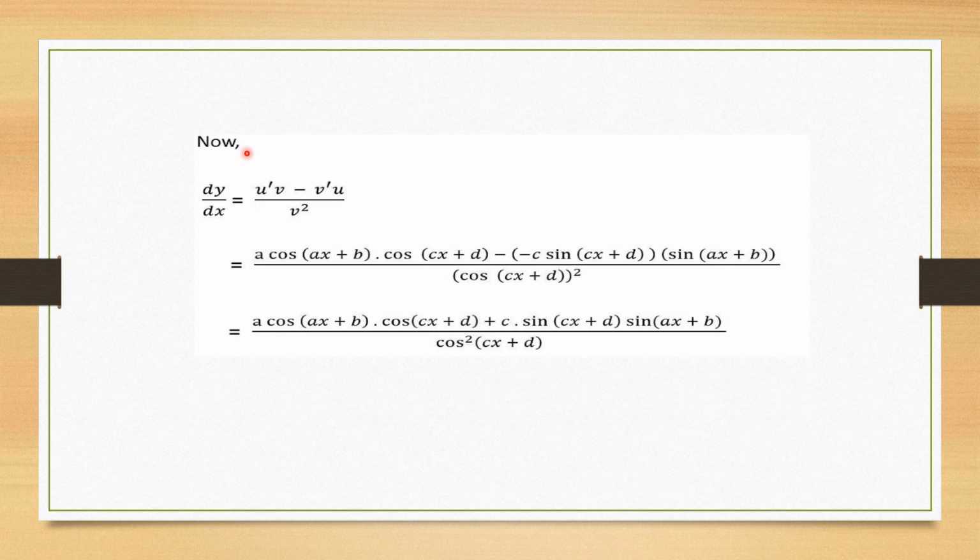The u dash and v dash mean d/dx of u and d/dx of v. When you apply this, the question can be solved simply. Just leave it up to here, there is no need to solve it further. I think this kind of question has been done in class 11th also, so it will be simple for you.